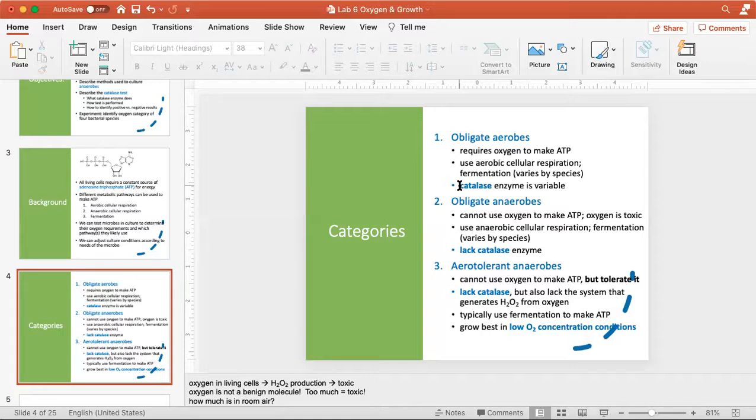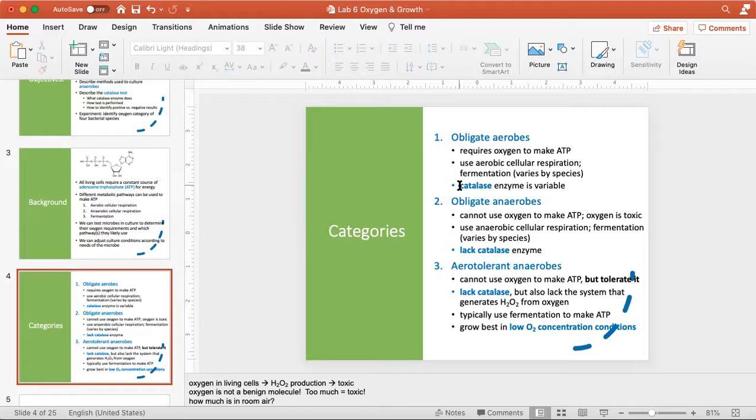Hydrogen peroxide is a molecule that comes from oxygen. So because an obligate aerobe is taking in oxygen all the time to make ATP, there's lots of oxygen around in the cell, and sometimes that oxygen gets converted into toxic byproducts. Sometimes those oxygen molecules become what are called free radicals. You've probably heard that name.